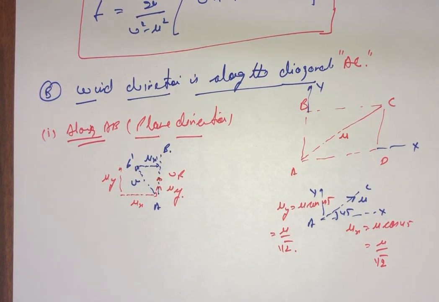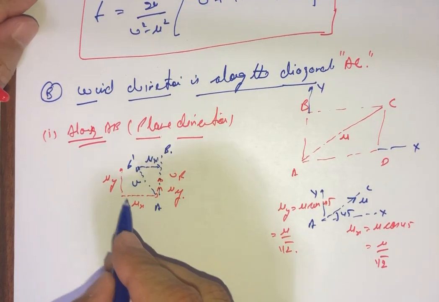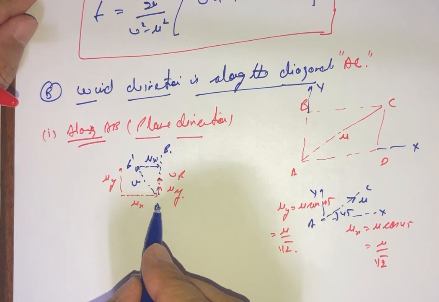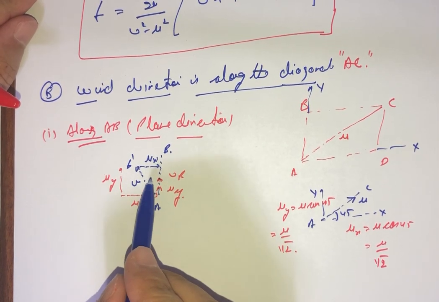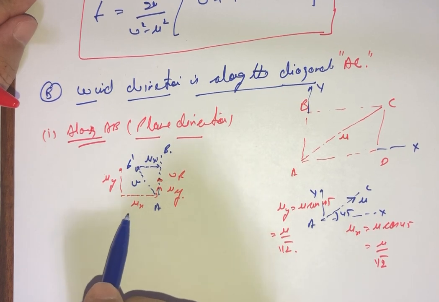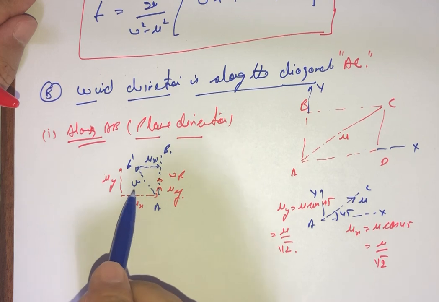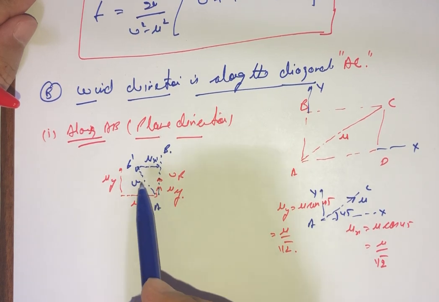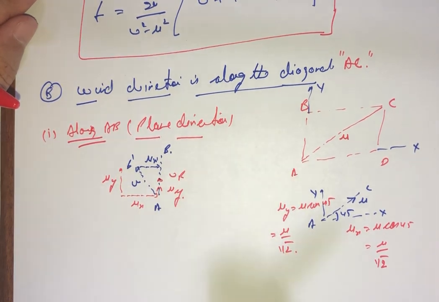Okay, so this is the basic thing here. At every point of the plane there will be always two components acting, one in the vertical direction, another one in the horizontal direction. So the final motion of the plane will be depending on both the components.